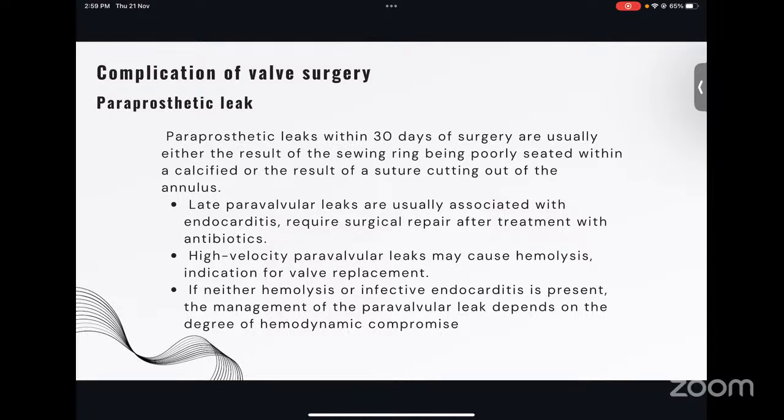In this case, they almost inevitably require surgical repair after treatment with antibiotics. High velocity paravalvular leak may cause hemolysis, severe enough to be an indication for valve replacement. If the patient has neither hemolysis nor infective endocarditis, the management depends on the degree of hemodynamic compromise.